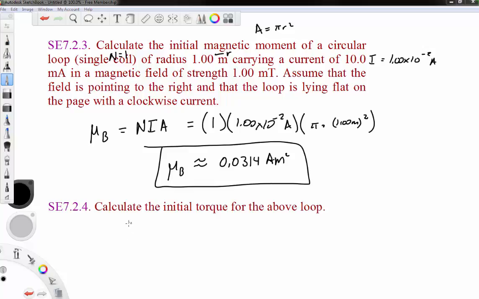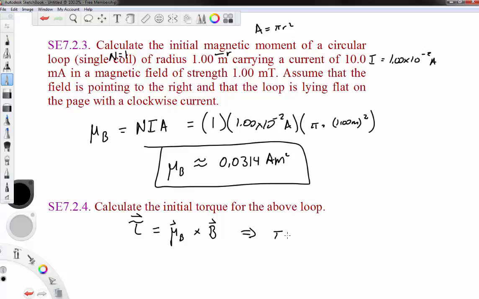Next, we want to calculate what the initial torque is on this loop. So torque should be given by tau equals mu sub b crossed with b. Not beta, but b for magnetic field.